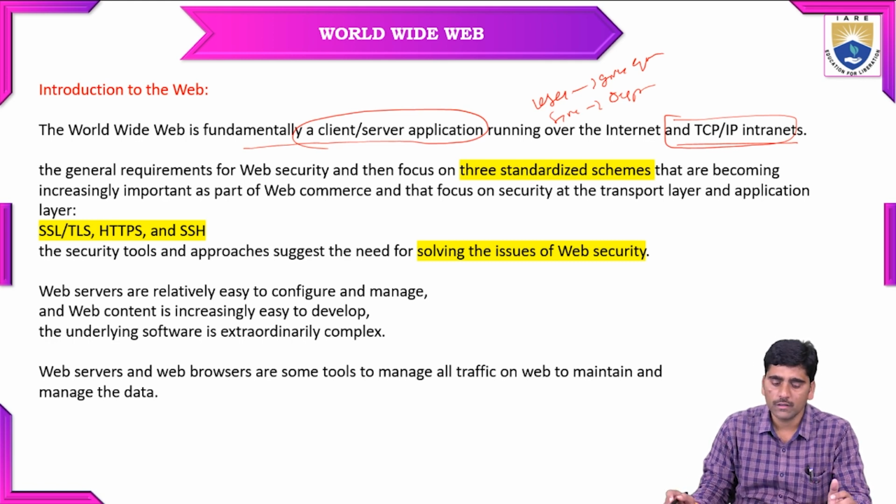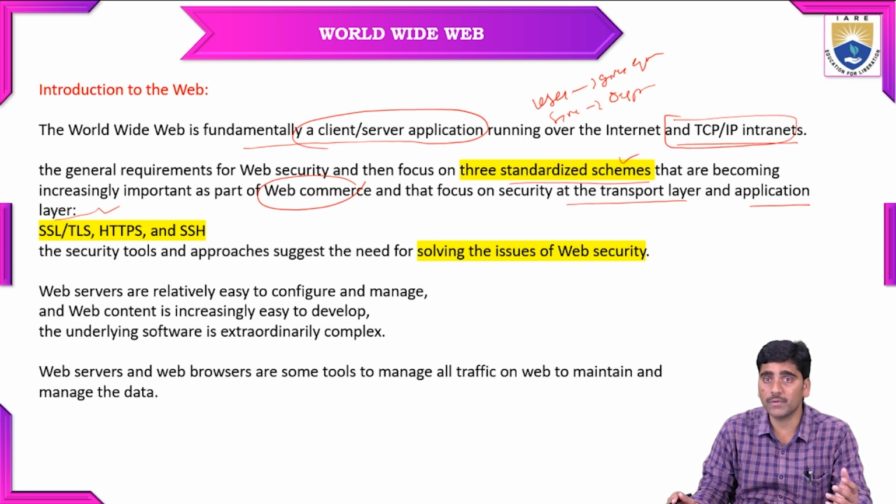Here are the general requirements of web security, and then we focus on three standardized schemes that are becoming increasingly important as part of web commerce, and that focus on security at the transport layer and application layer. These are the standardization schemes implemented for World Wide Web security against different types of threats.